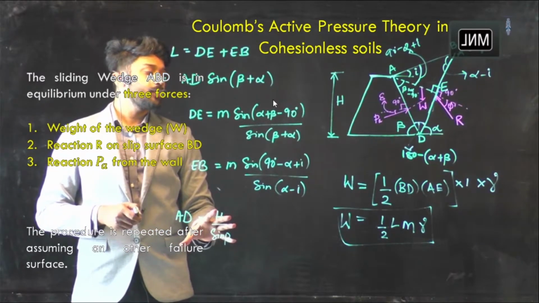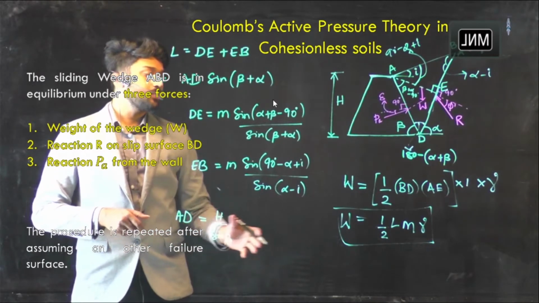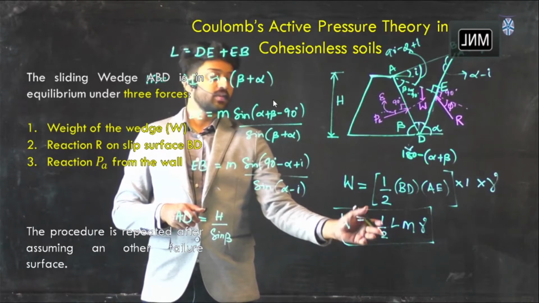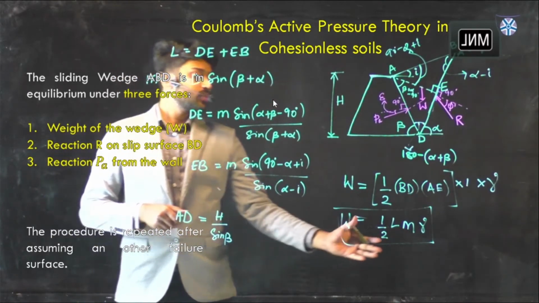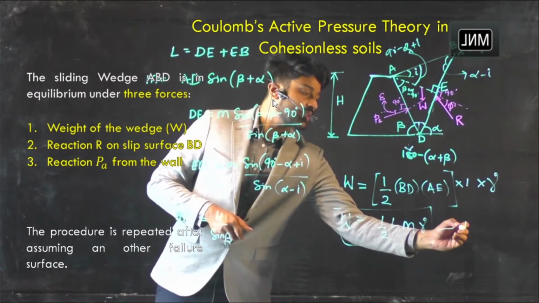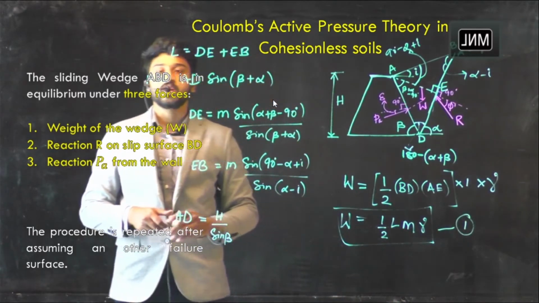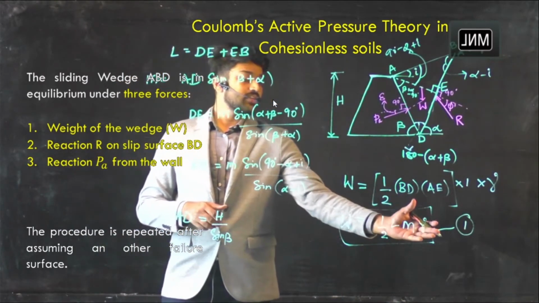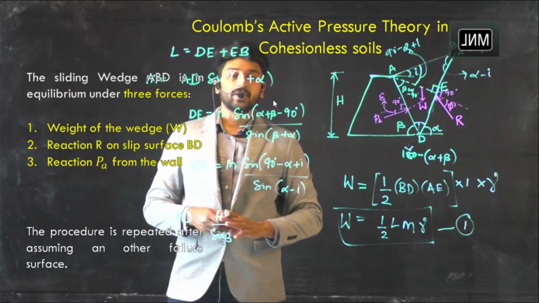So we have obtained all these expressions, so simply we can substitute. We know what is L M, so if you substitute in this equation, let us say this is equation number 1, finally we can obtain W.